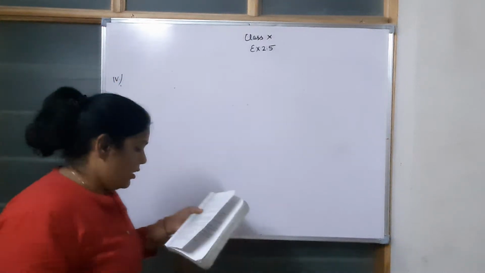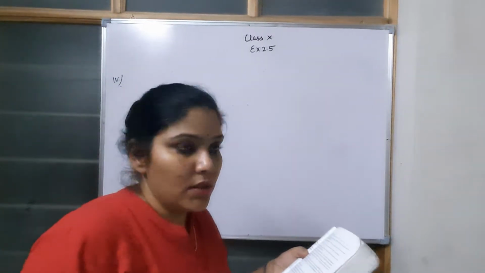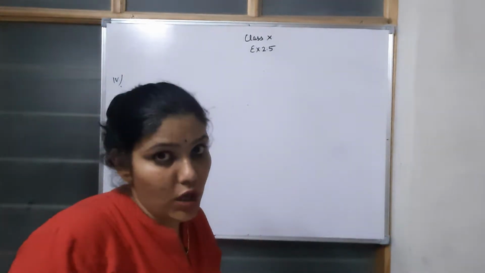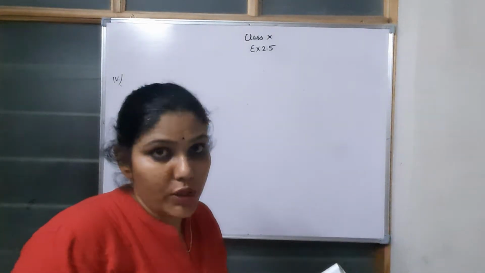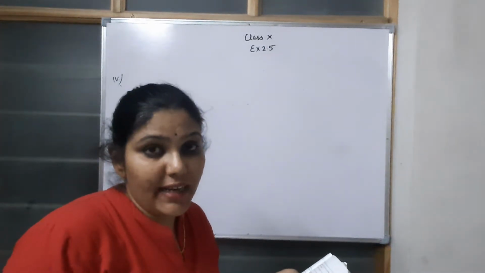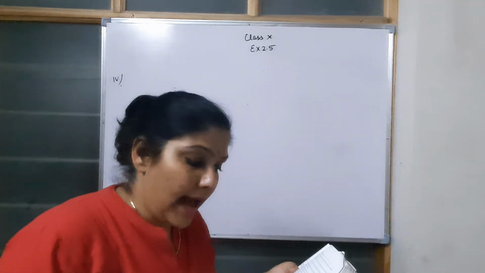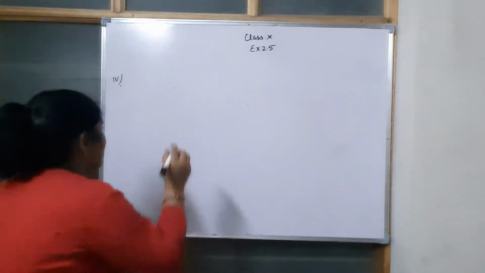Meena went to the bank to withdraw rupees 2000. So it means the total money she will be getting is 2000. She asked the cashier to give her rupees 50 and rupees 100 notes only.